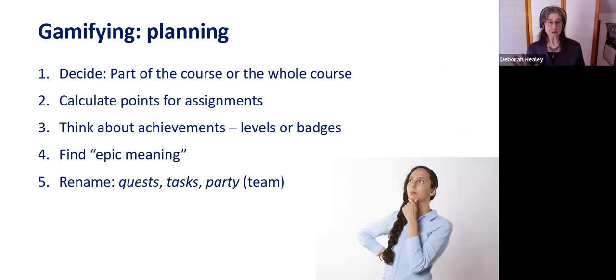Gamification doesn't need to be complicated. Here are 5 steps to start with in planning, and we'll look at them one by one next. You're going to decide how much you're going to gamify. You're going to calculate some of the points. You're going to think about achievements, find epic meaning, and rename. So let's look at each of these in turn.